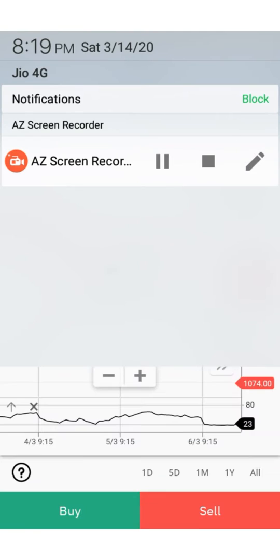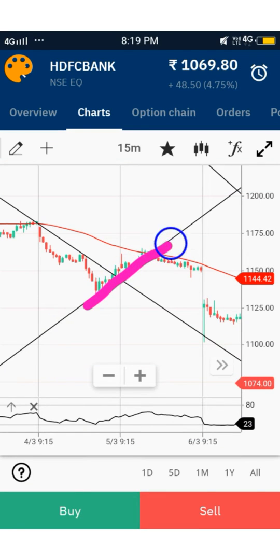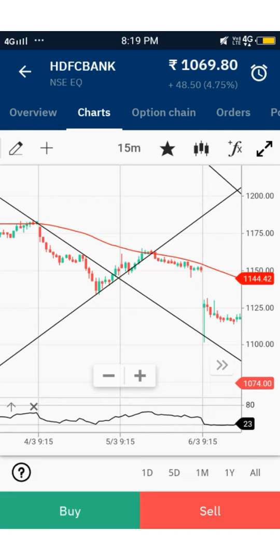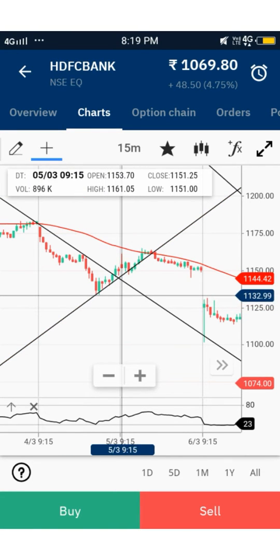See, if you draw the trend line, you will enter this buying opportunity. The entry price is 1131, 1132.999.